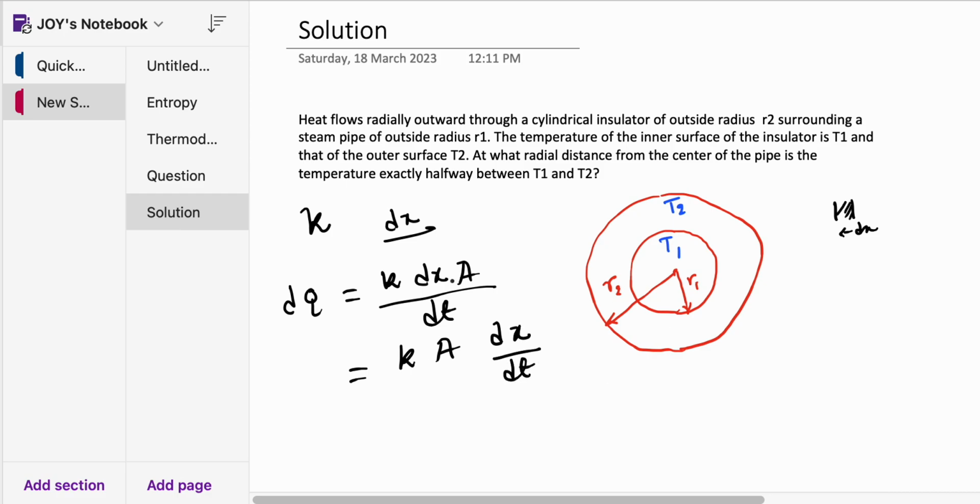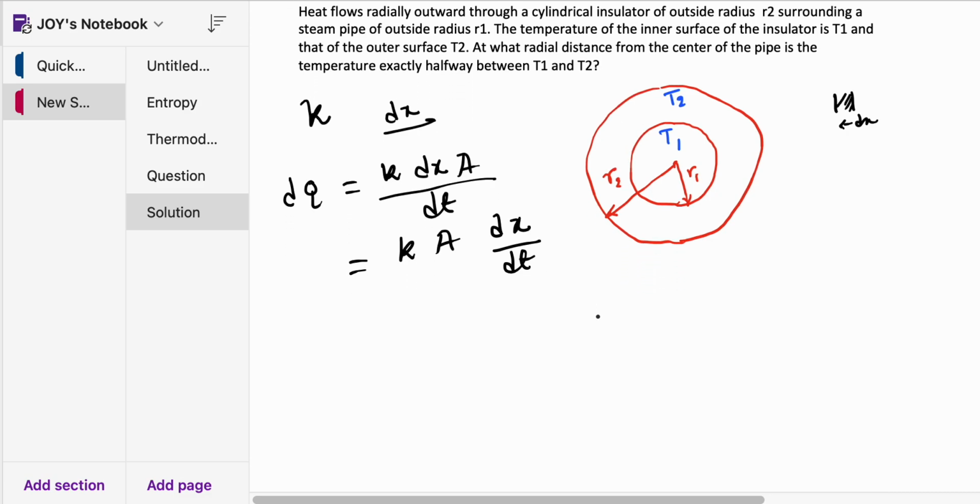Now for the cylindrical case, what is the surface area? A will be 2 pi r into the length L of the cylinder, where r is the radius.